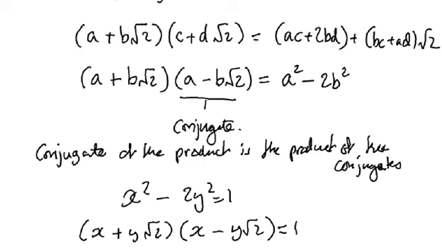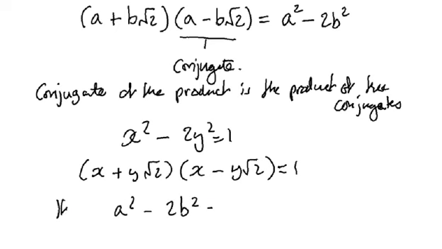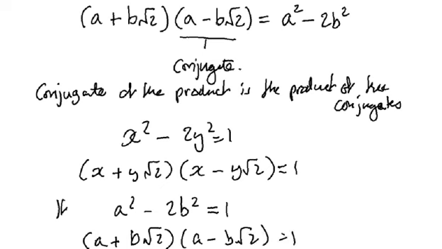And so that means if I now multiply, so if a squared minus 2b squared equals 1, then of course that's saying that a plus b root 2 times a minus b root 2 is also equal to 1. Now, what do I know?